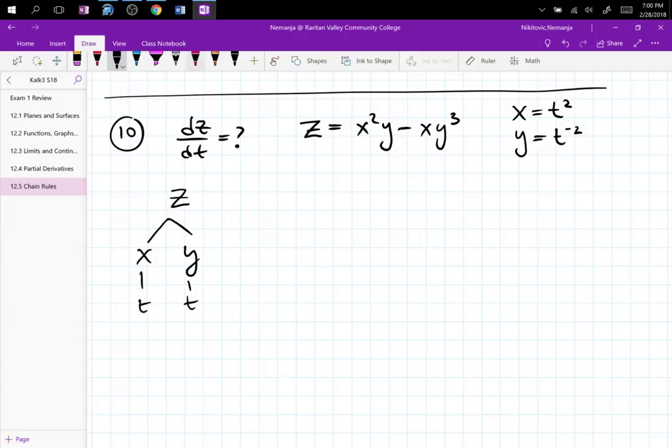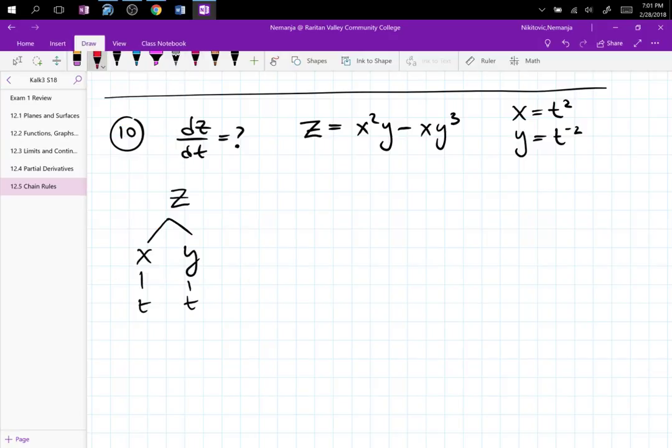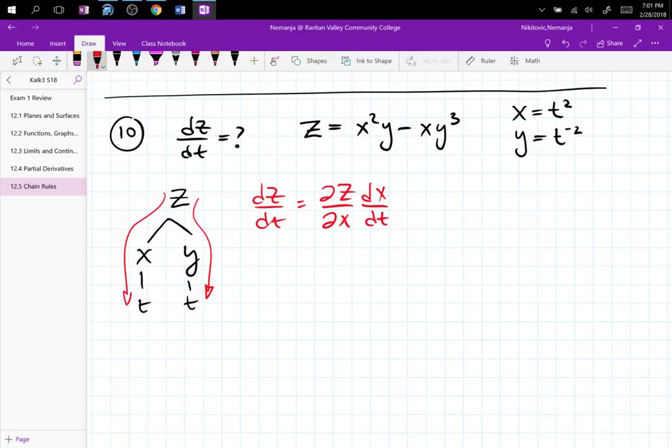I am going to have only the red path in this case because it ends in t, and again it ends in t. So the only one formula. The derivative with respect to t is partial z partial x because of the branching, it's partial, and then dx dt straight through.